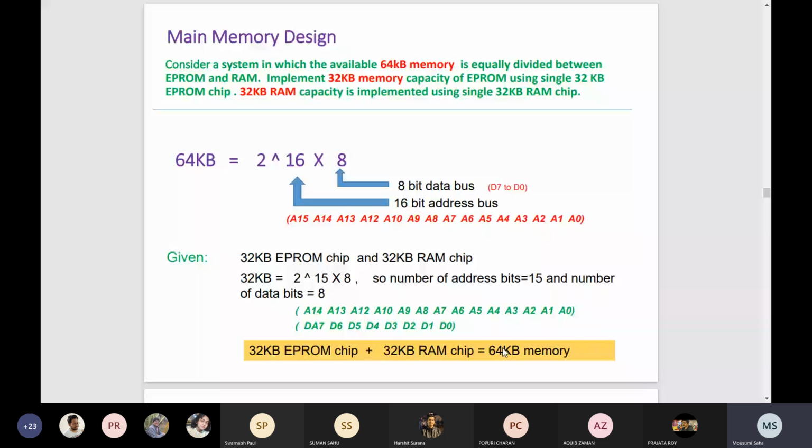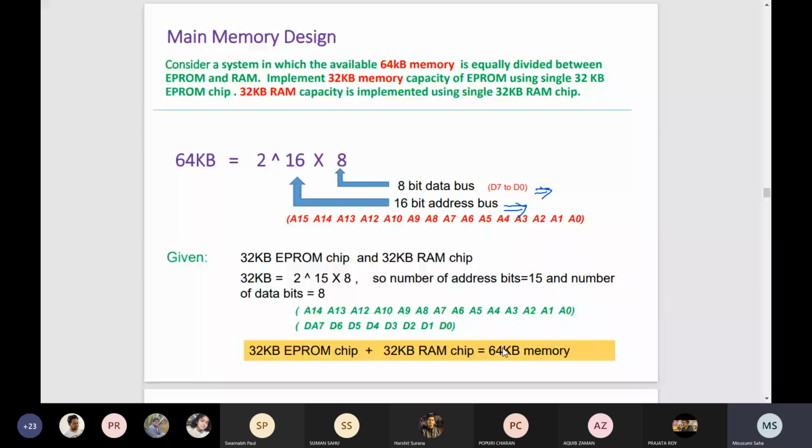First is, what is our requirement? We try to understand the memory which we need, how many address bits and how many data bits are required. Now if we need 64 KB, that means ultimately we have a 16-bit address bus and an 8-bit data bus.